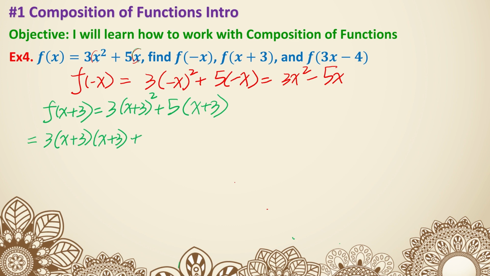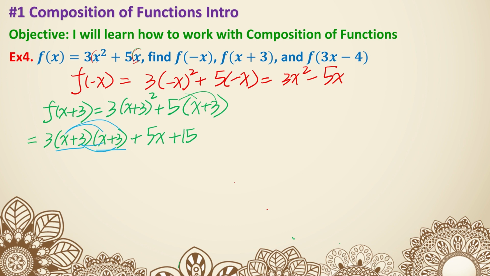Then on the back, we do actually need to distribute the 5 into the parentheses. That becomes 5x plus 15. Since in the previous example, the x minus 1 times x minus 1, I have dealt with the 2 in the front first. For this one, I'm going to use the other way, which is to multiply the x plus 3 and the x plus 3.